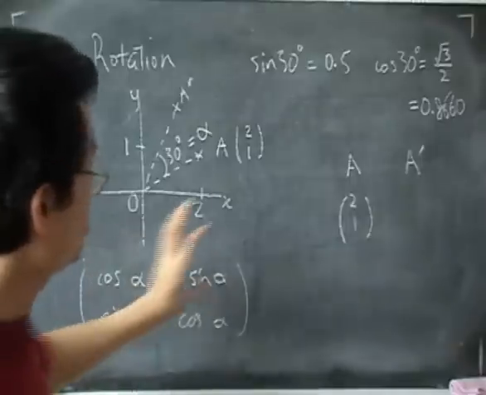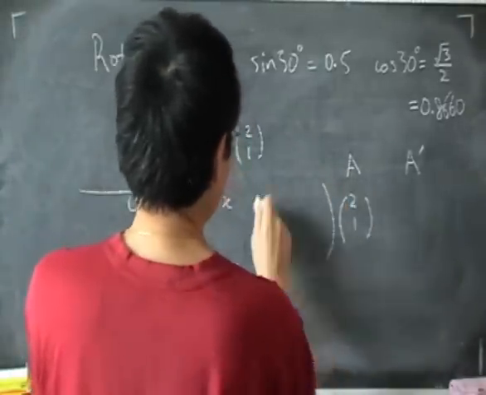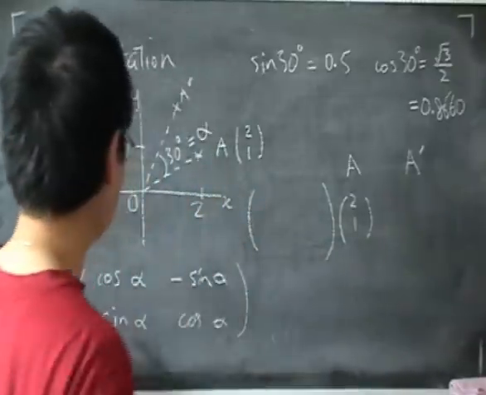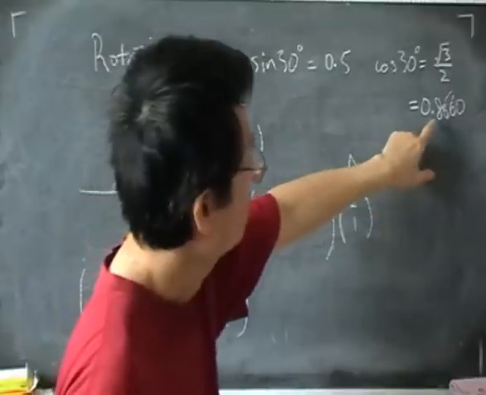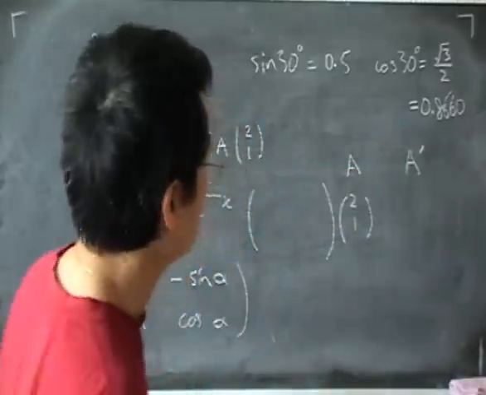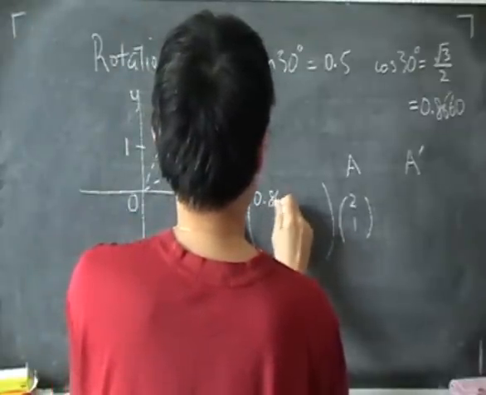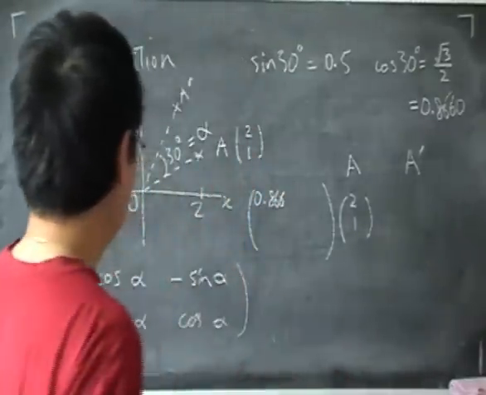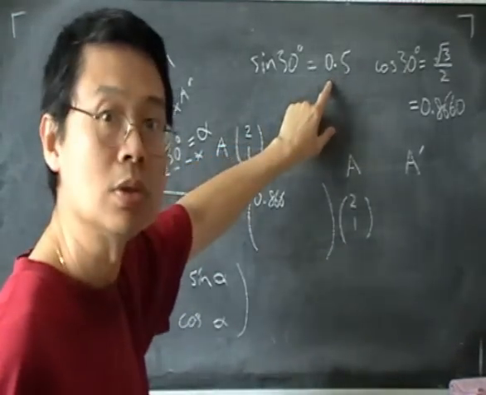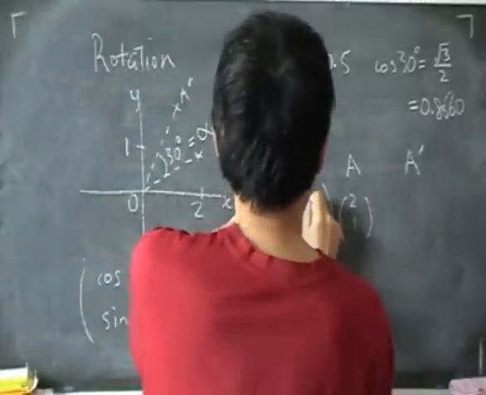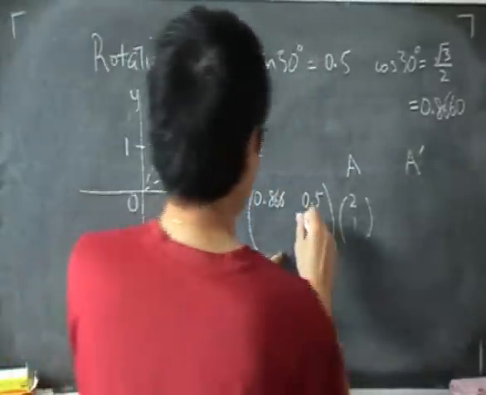If we multiply this by (2, 1). And this matrix, as I've calculated, is cosine alpha, which is 0.8660, minus sine alpha, which is 0.5, for minus sign.